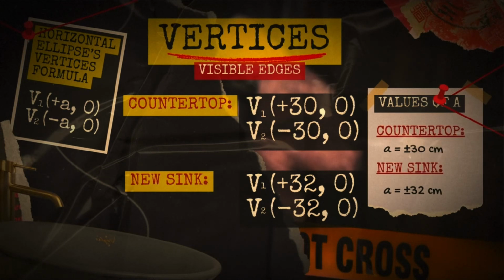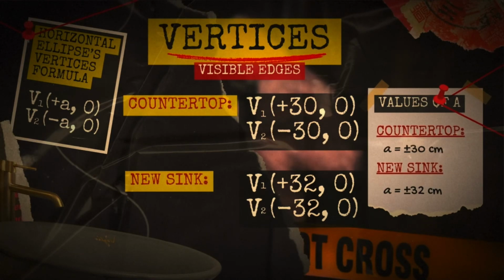In order to get the vertices of each ellipse, we just need to substitute the value of a into the x of the ordered pair. So vertex 1 will be positive 30 and 0, and vertex 2 will be negative 30 and 0 in the countertop, or exhibit A.